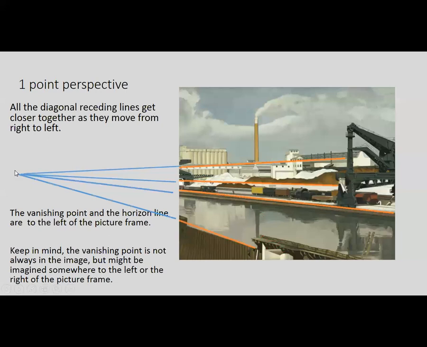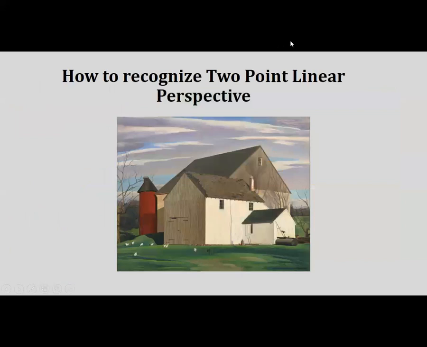So just bear in mind, it's not always going to be on the image. We don't see any diagonal lines that are going from left to right, do we? No. There's this one. Just ignore it. Most of them are going from right to left. So this is primarily drawn using one-point perspective.